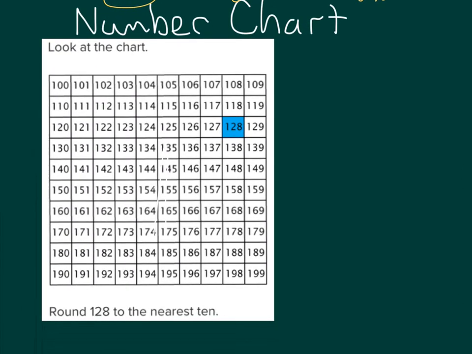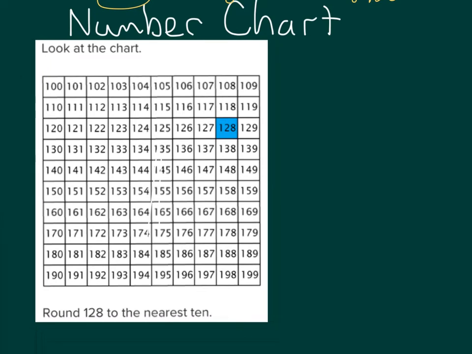Next, looking at the number chart. This one we can use. So we can use the number chart to figure it out. We're rounding 128 to the nearest 10, and the tens place is the 2.